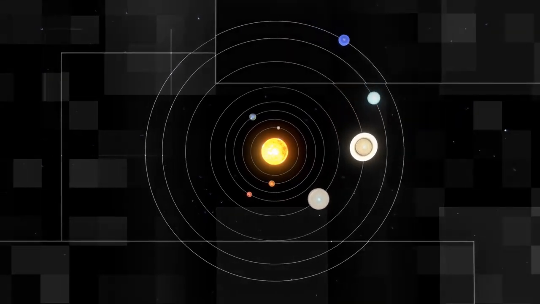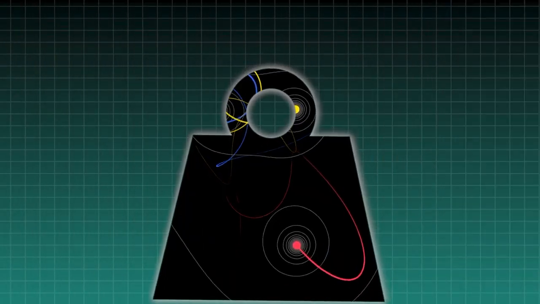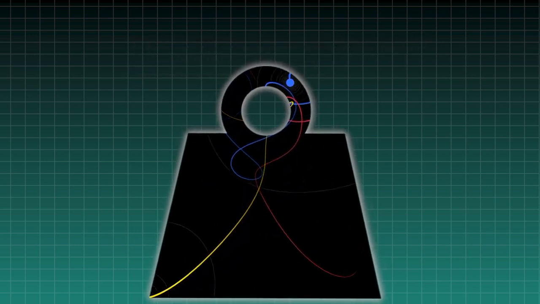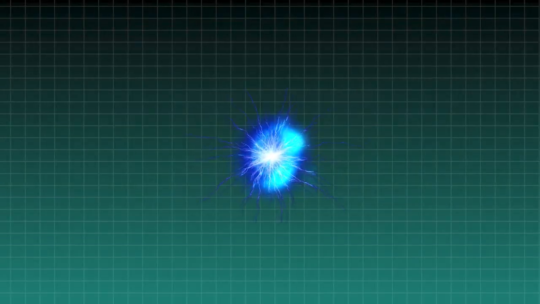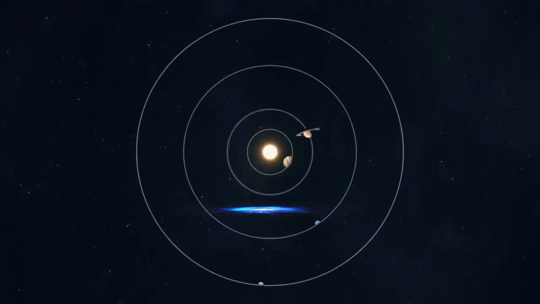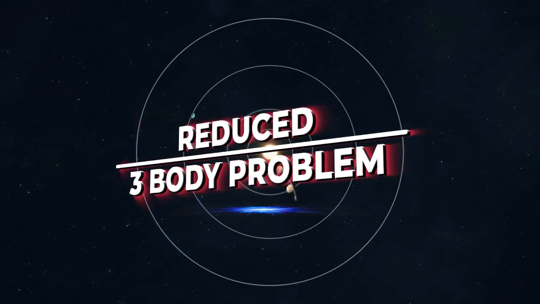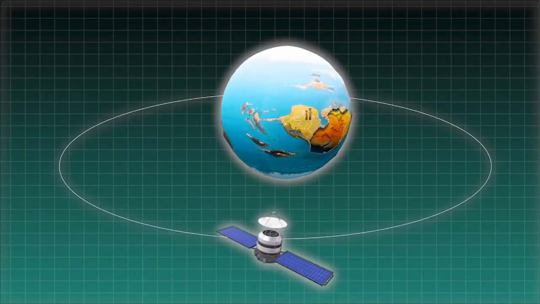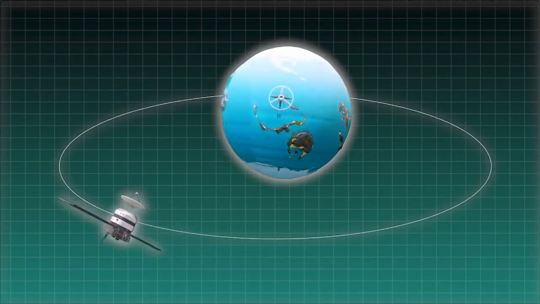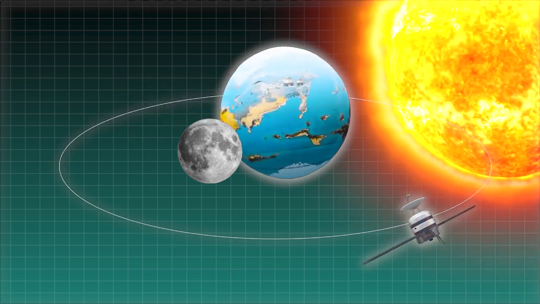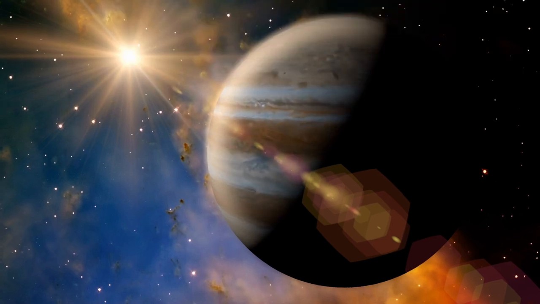Another useful approximation arises when one of the three bodies in a system has significantly less mass compared to the others. In such cases, we can disregard the small body's gravitational effect and simplify the problem to the two larger bodies orbiting each other, known as the reduced three-body problem. This method works well for scenarios like artificial satellites orbiting Earth, or for approximating the Moon's orbit around Earth, considering the Sun's influence, or even Earth's orbit in relation to the Sun and Jupiter.